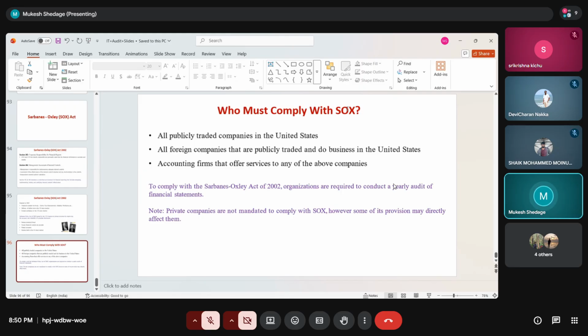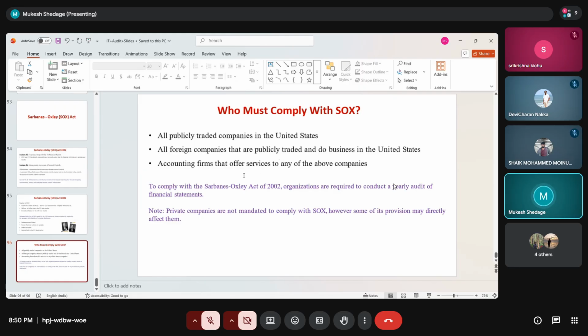But whenever you are doing it for these particular companies, any company that is publicly trading in the United States, any foreign company, like our Infosys which is registered in the United States, if you are doing an Infosys United States audit, you are doing a SOX audit.